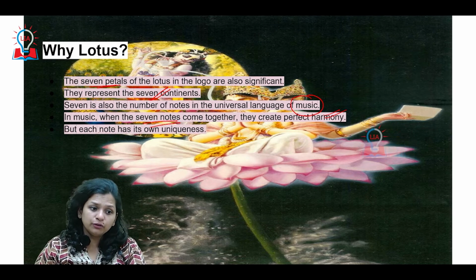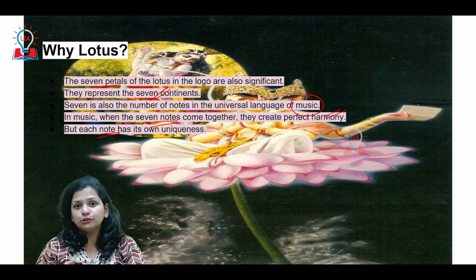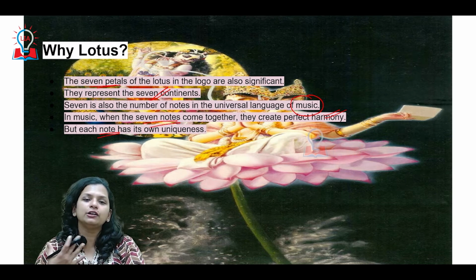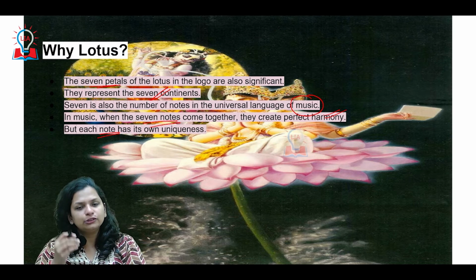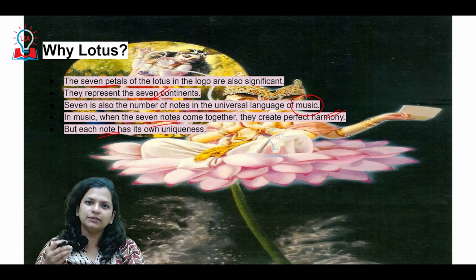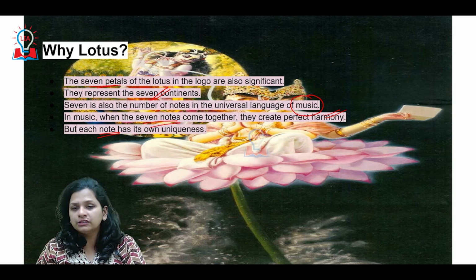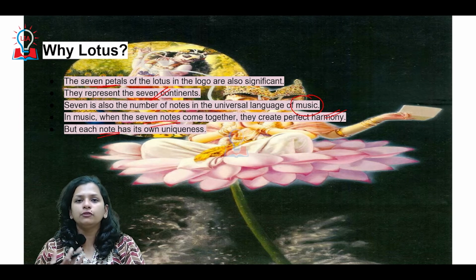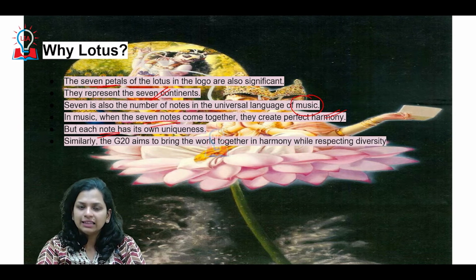Just like each note of music has a special significance and a different kind of sound, each of these 7 petals representing the 7 continents has its own uniqueness to offer to the world. And we should embrace these uniquenesses.